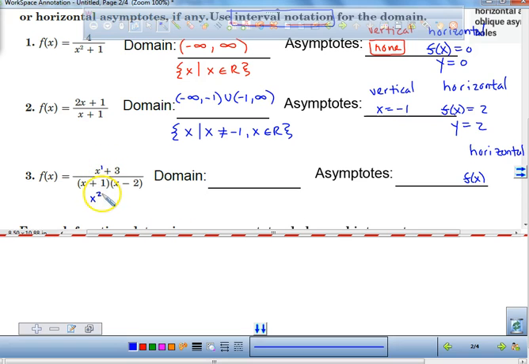This degree is smaller than this degree. What situation is when we have m is less than n? Yeah, so m is less than n, so this is going to be f of x equals 0. That's our horizontal.